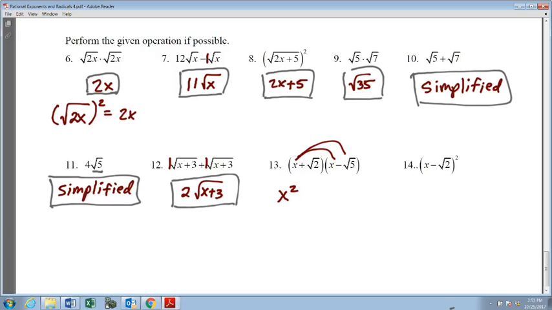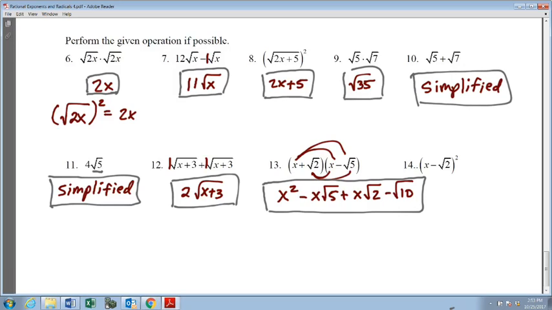We're going to go ahead and put the x before the radical, so it'll be minus x times the square root of 5. And we're going to multiply the inner terms. You'll get another x, but this time times the square root of 2. And then square root of 2 times square root of 5. Now notice it's a positive times a negative. So we're going to get a minus, and of course square root of 2 times square root of 5 is square root of 10.